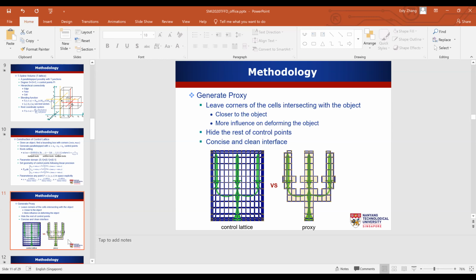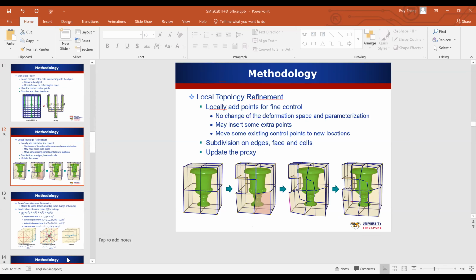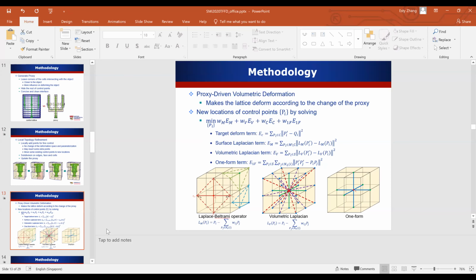Then our proxy-driven deformation maps the deformation of the proxy to the underlying control lattice. So it's like a proxy-driven volumetric deformation. Okay, thank you. So the user could only see the proxy, but underlying there is a T lattice. Okay. Thank you. I don't want to monopolize. You have other questions.